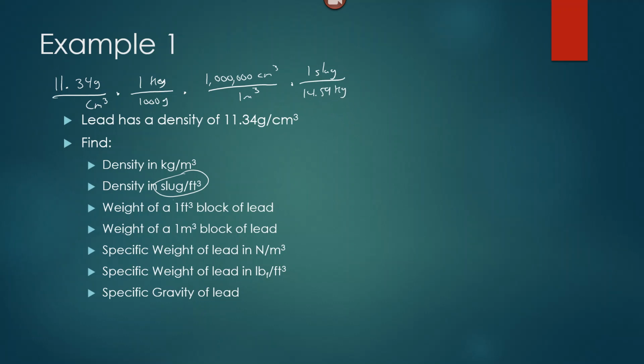This is all from your formula packet, by the way. 1 meter cubed equals 35.28 feet cubed, which is just 3.28 times 3.28 times 3.28. There's 3.28 feet per meter. And we end up with 22.03 slug per feet cubed.